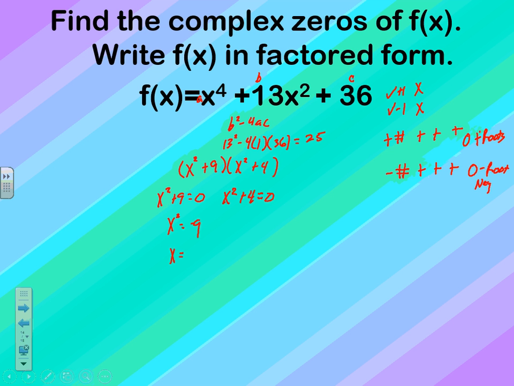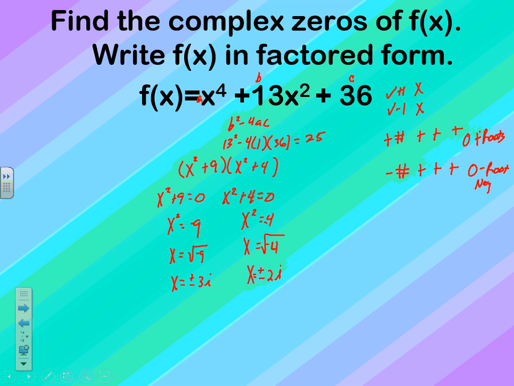So x is equal to the square root of negative 9, so x is equal to positive or negative 3i. And here, x squared equals negative 4. Taking the square root of both sides, I get x to be positive or negative 2i. So those are the 4 solutions that we have.